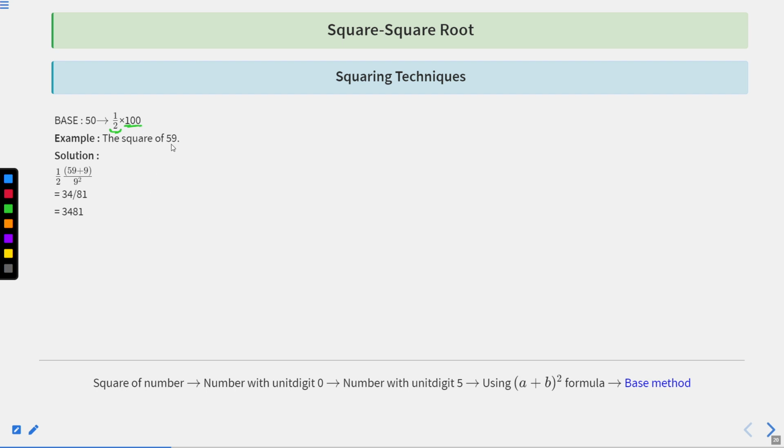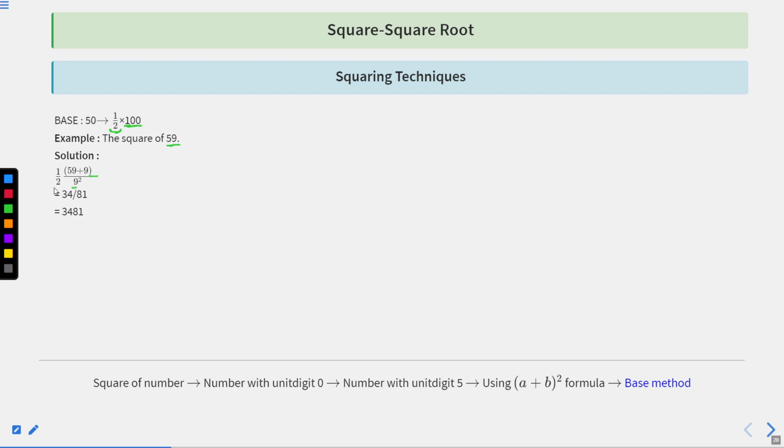So suppose we want to find the square of 59. So 59 is 9 units away from 50. Again, if the number is greater than 50, then we will add that number. And if the number is less than 50, then we are going to put the minus sign there. Okay. So 59 is 9 units away from 50. So it will be 59 plus 9 and 9 square.